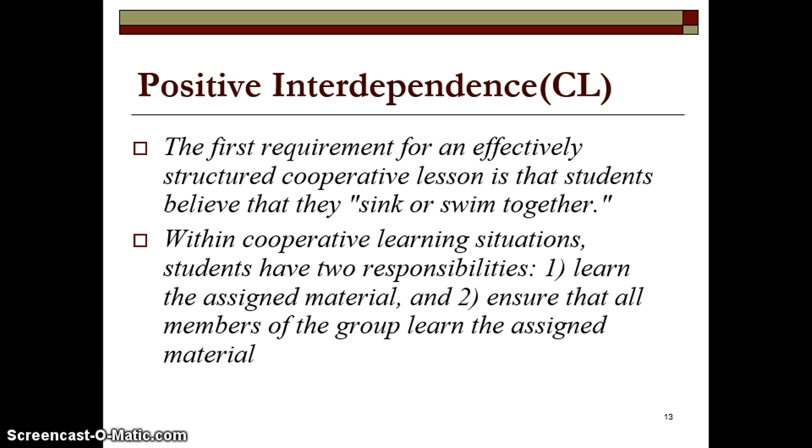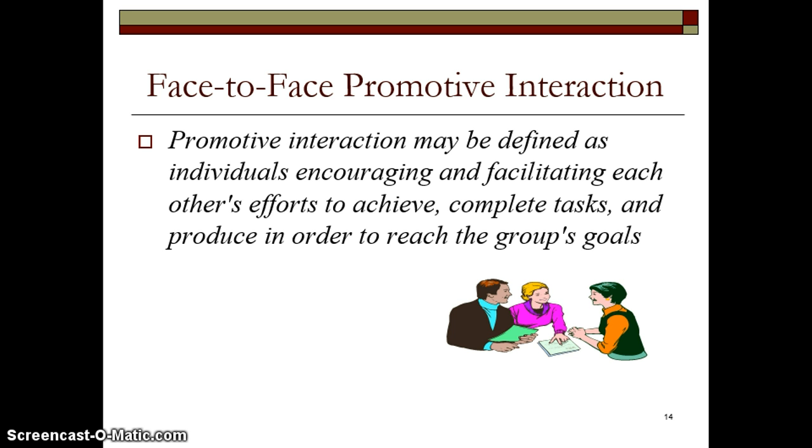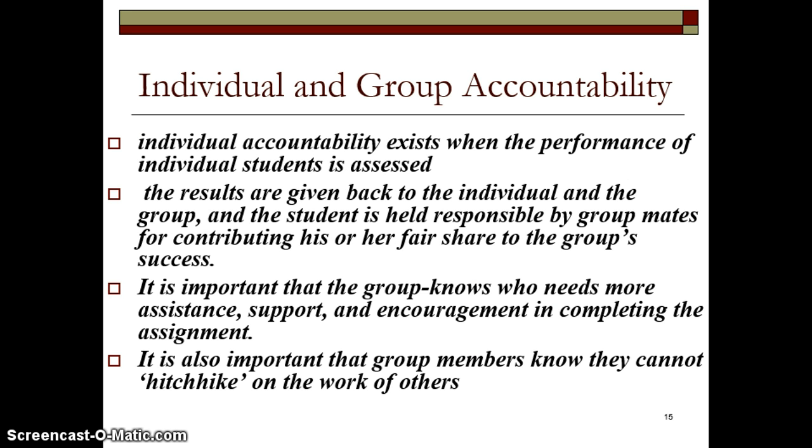Within cooperative learning situations, students have two responsibilities: learn the assigned material, and ensure all the members of the group learn the assigned material. Face-to-face promotive interaction may be defined as individuals encouraging and facilitating each other's efforts to complete tasks and produce in order to reach the group's goals.